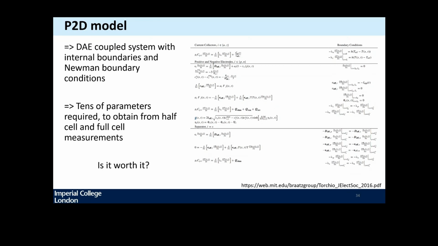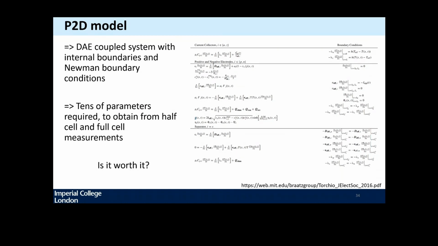This is computationally rather difficult to solve, and on top of it, it has Neumann boundary conditions. And so you may know that if you have a system where Neumann boundary conditions and internal boundaries occur, that increases the computational cost. It also makes it a bit more unstable.